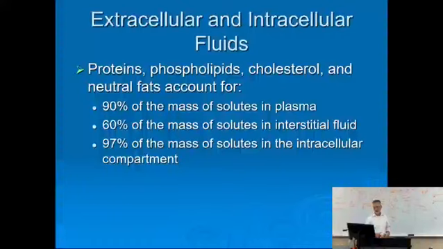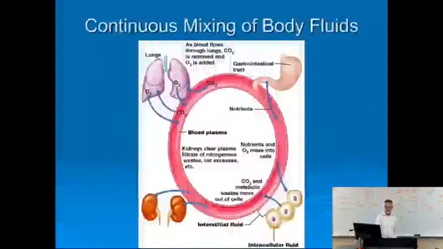We also talked about how there are other types of molecules, like proteins, that contribute to both the intracellular and extracellular environment, right? Lots of different proteins and different types of lipids in the plasma. About 90% of the plasma is from these larger molecules, 60% in the interstitial fluid, and then in the cells where we're making a lot of those, we have a lot of larger proteins and molecules as well.